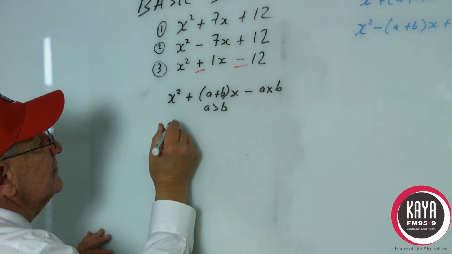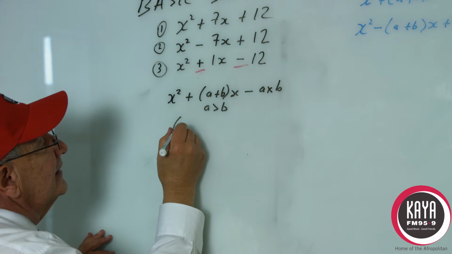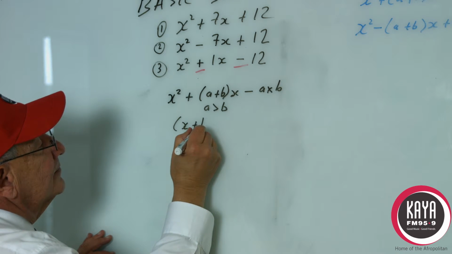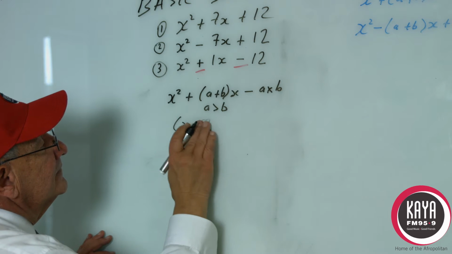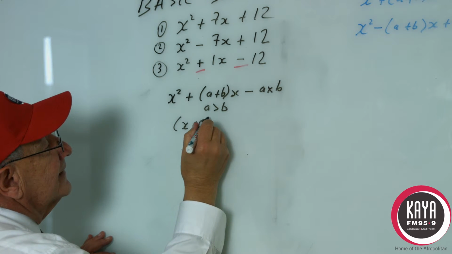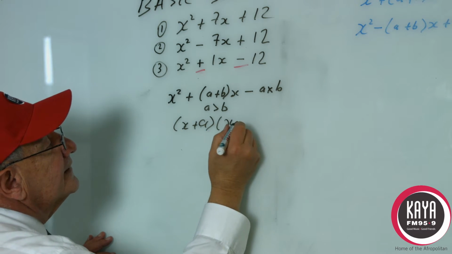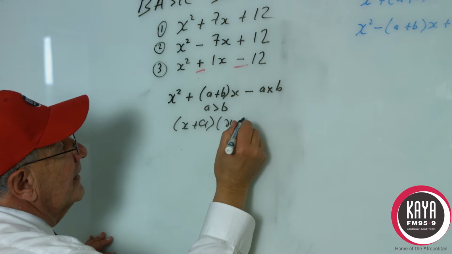And the solutions here are going to be x plus a and x minus b.